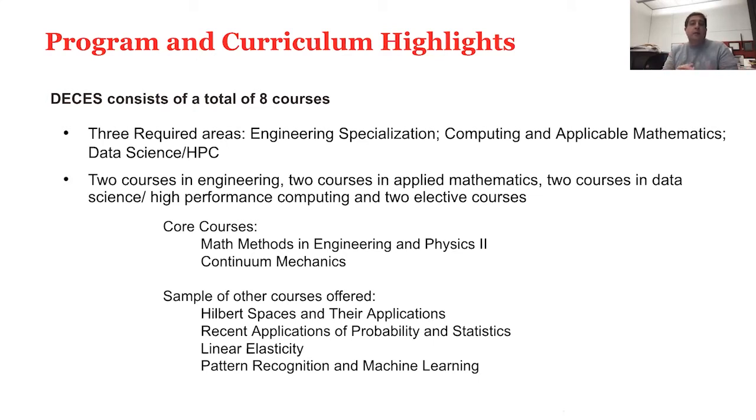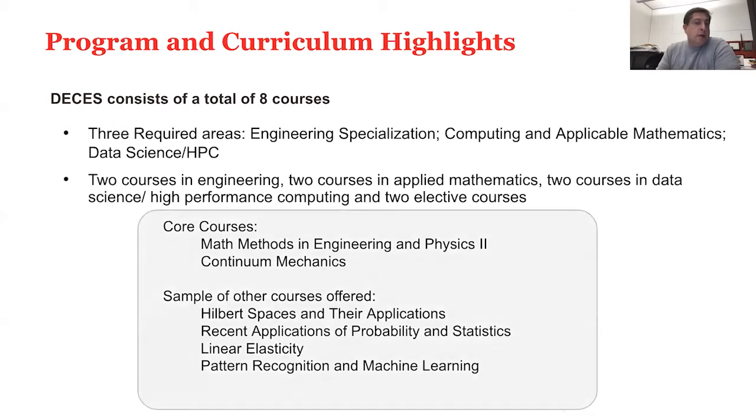Then you'll be asked to take classes in applicable mathematics and numerical methods, computing, to supplement your engineering area of choice, such that you know what kind of methods you want to use for the kinds of problems that you want to solve. And the third area is data science, and maybe more general high performance computing, where you will receive appropriate instruction and introduction to data science techniques, and we'll try the best of our ability to make a connection as to how that relates to engineering analysis.